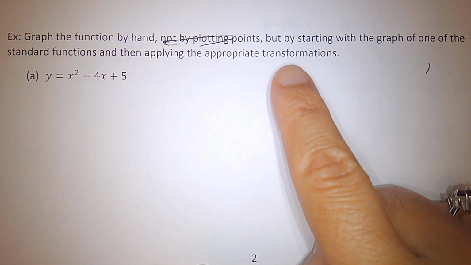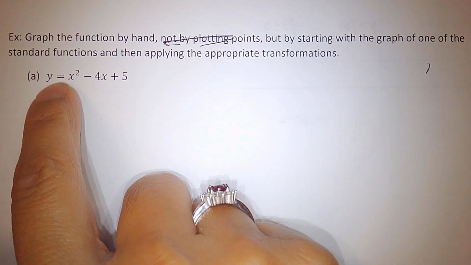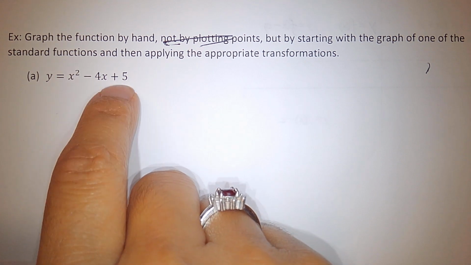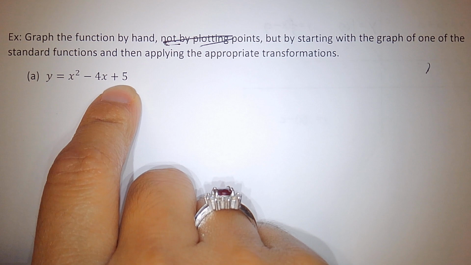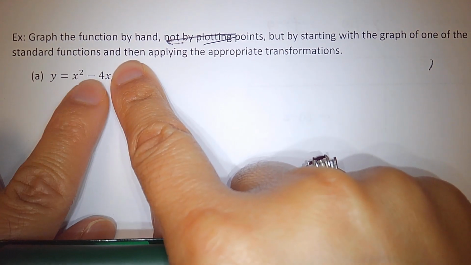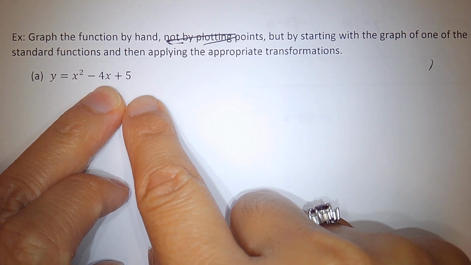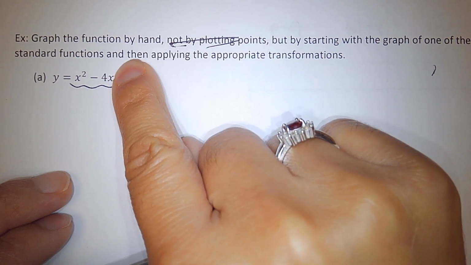However, by transformation, how can we graph this function? Do you have any clue about this? To graph y equals x squared minus 4x plus 5? Why don't we move 5 units up? Move this function, y equals x squared minus 4x, 5 units up. That's what it says, plus 5, right? But do you know how to graph y equals x squared minus 4x?